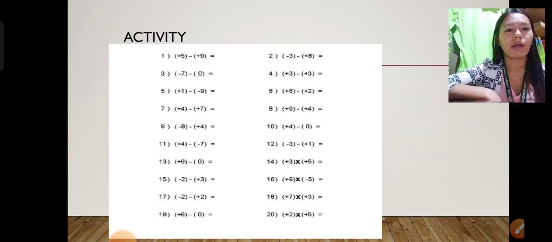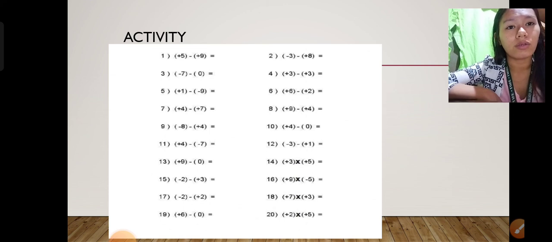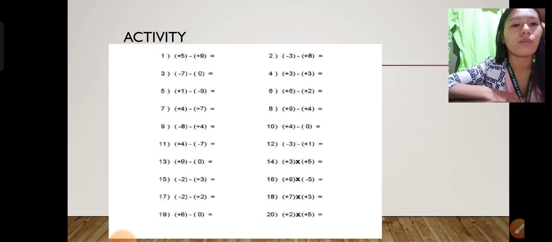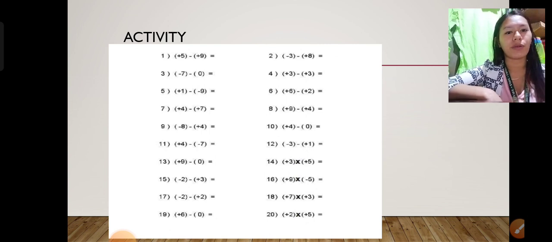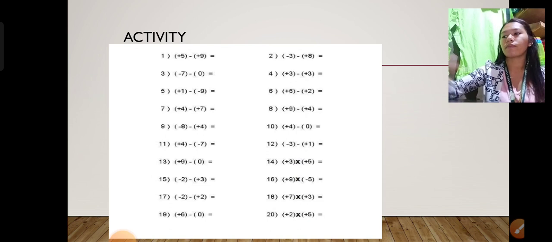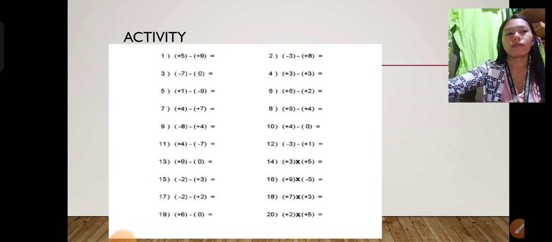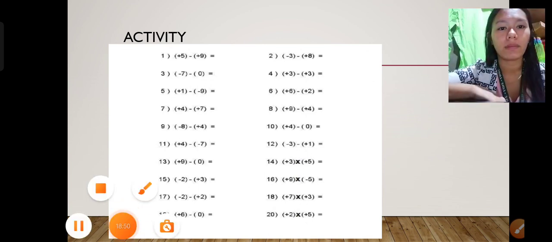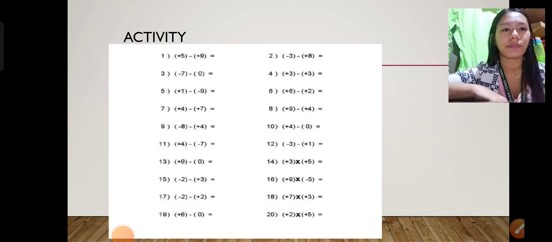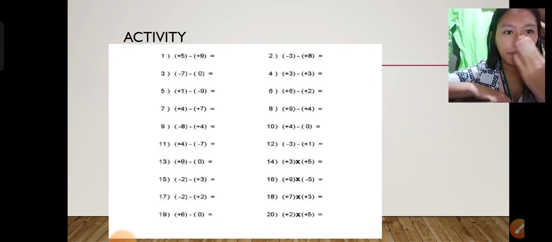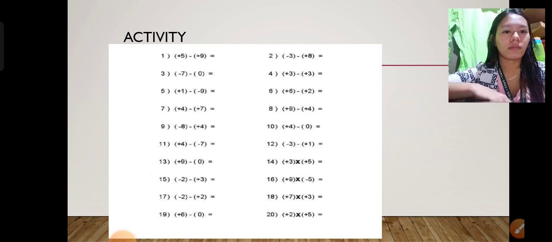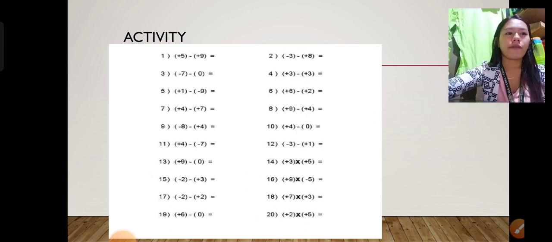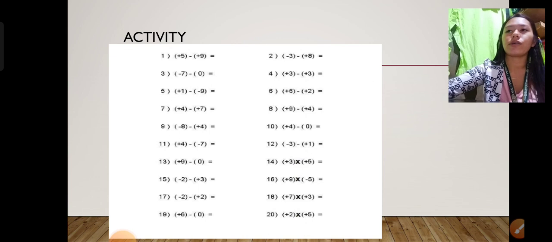Okay, and then 2 points each, so that we have 40 points, because 20 points is what is there. Okay, 5 4 3 2 1. So pass your answer sheets.